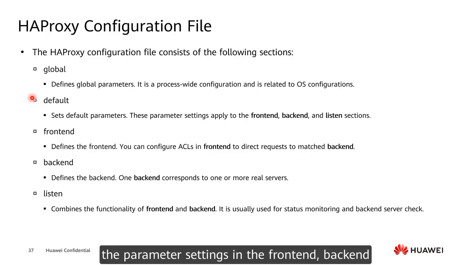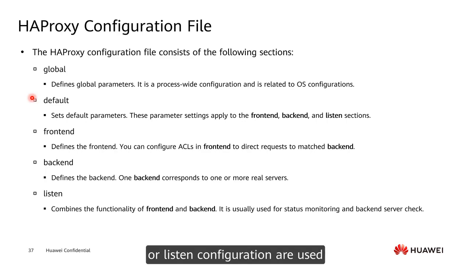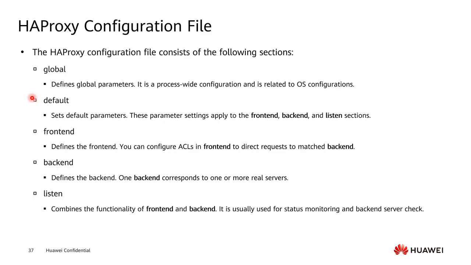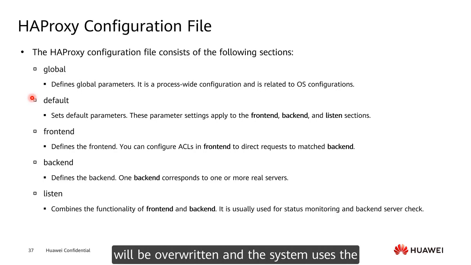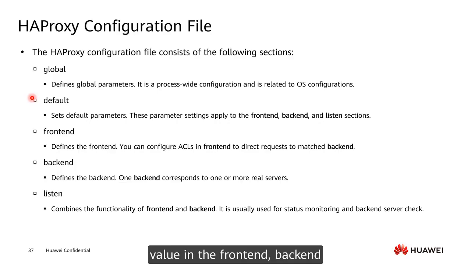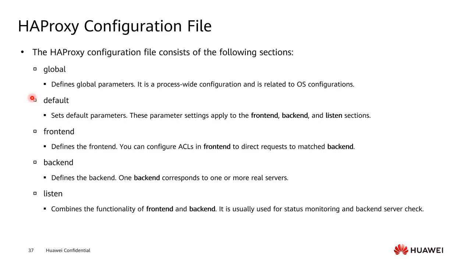The parameter settings in the frontend, backend, or listen configuration are used. If the same parameter but a different value exists in the configuration, the default configuration will be overwritten and the system uses the value in the frontend, backend, or listen configuration.